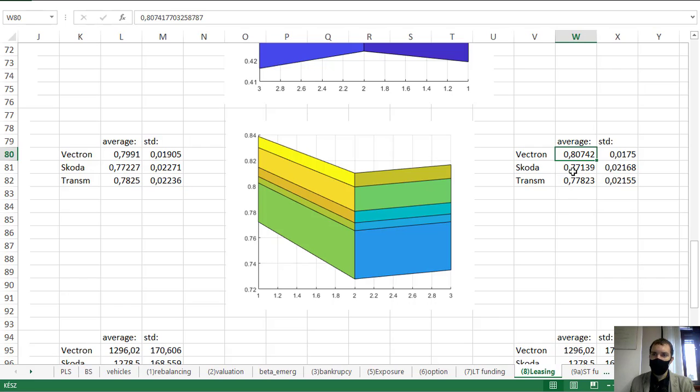And now we can actually see that, in the case of Vectron, we have a significantly higher probability of default, maybe statistically significantly higher. I'm surprised that this can be different.